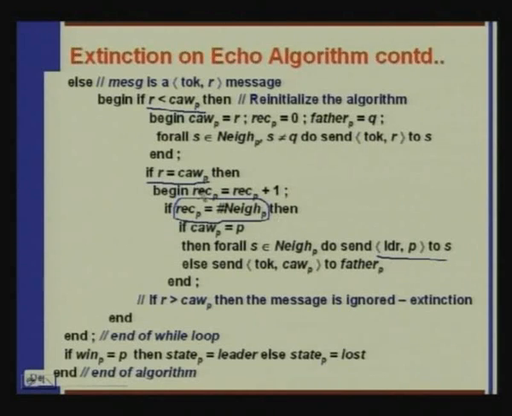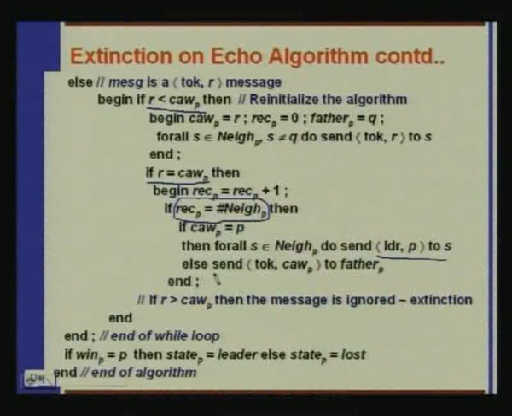Now, suppose you find that you have received tokens from all your neighbors, but CAWP is not equal to P. That means that your job in this wave is over, but you are not the initiator. But if you are not the initiator, then you have a parent in this wave. So, you send the token CAWP to the father of P, and thereby your work in this currently active wave is over.